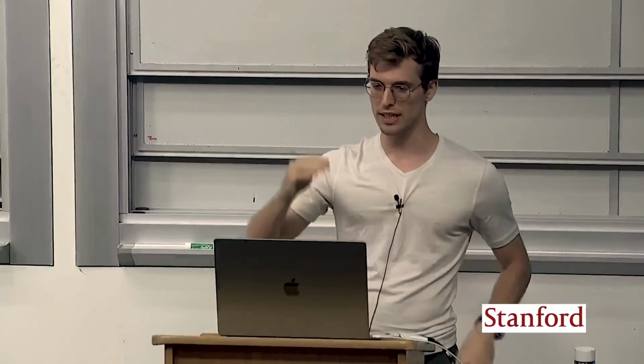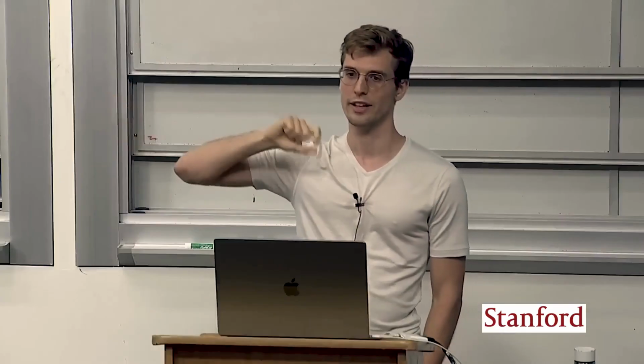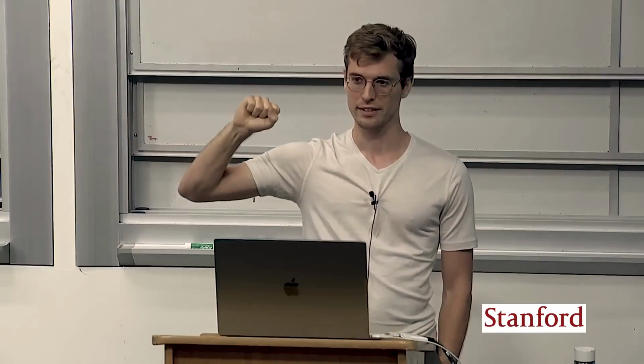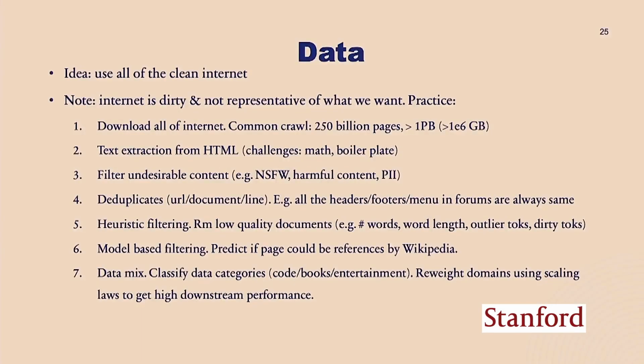And you will basically say, I want more of the things that come from Wikipedia references. Does that make sense? So you will train a machine learning model. Usually also very simple models because you need to do that really at scale. I mean, just think about the 250 billion pages.